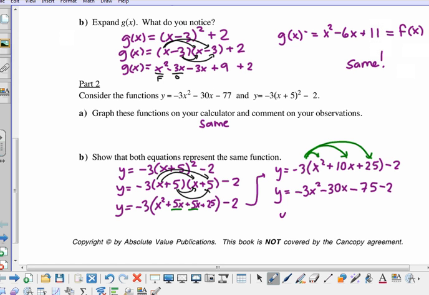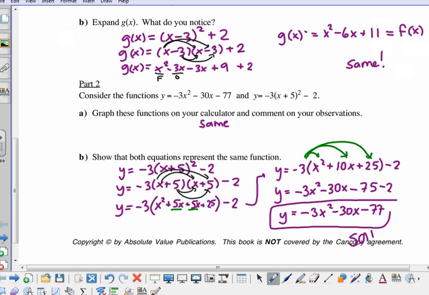So that becomes minus 77. Yeah, and that's okay if you go straight to that. Okay, and now we can prove, yeah, they are the same function. That is the other y. Hey, they're the same. That is a good thing.